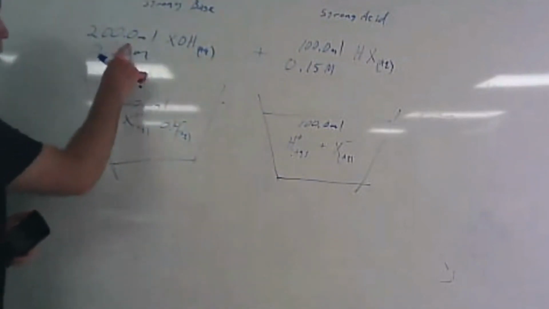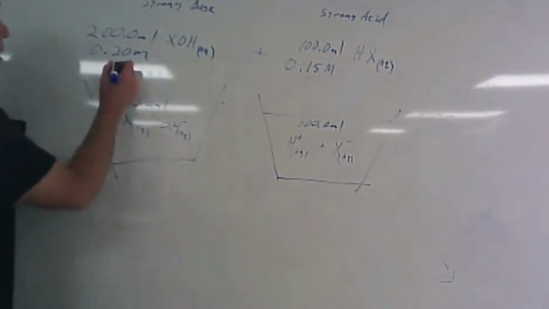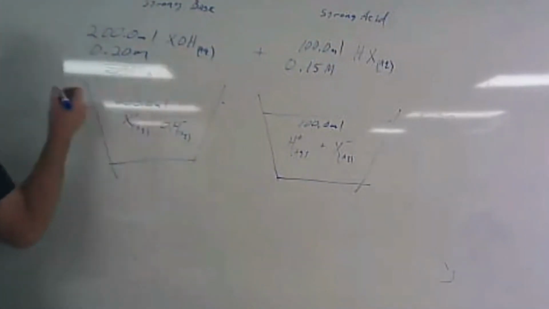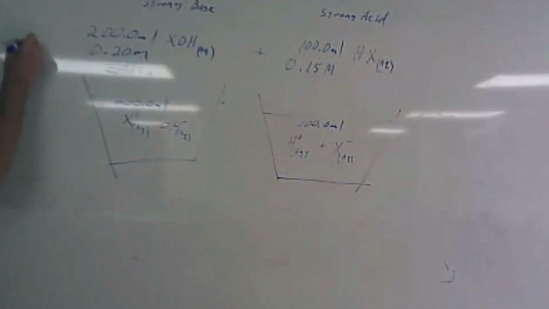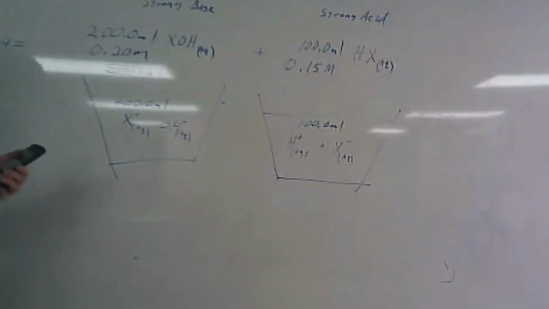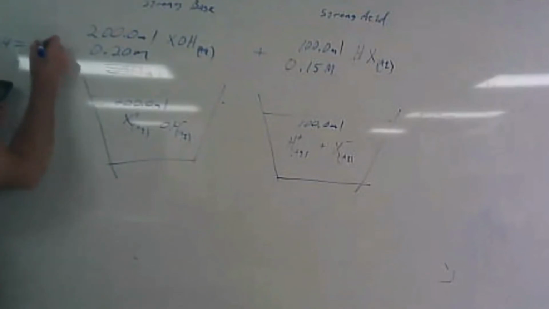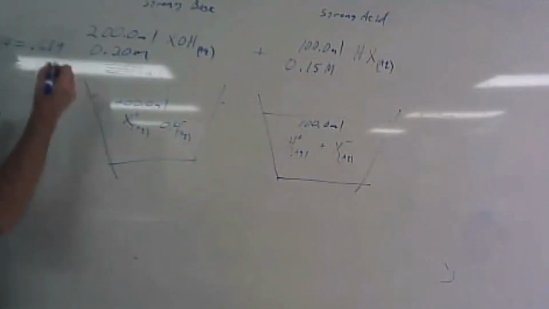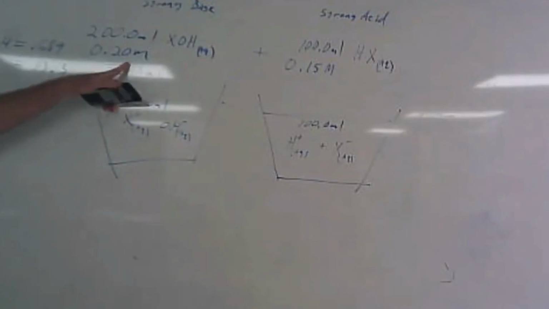But what if we want to know the pH of this? Well, all we need to know for the pH, this is the concentration of hydroxide. So we got pOH is going to be, let's just go with 0.689. So the pH equals 13.3. I could adjust for sig figs, but that's not the point here.